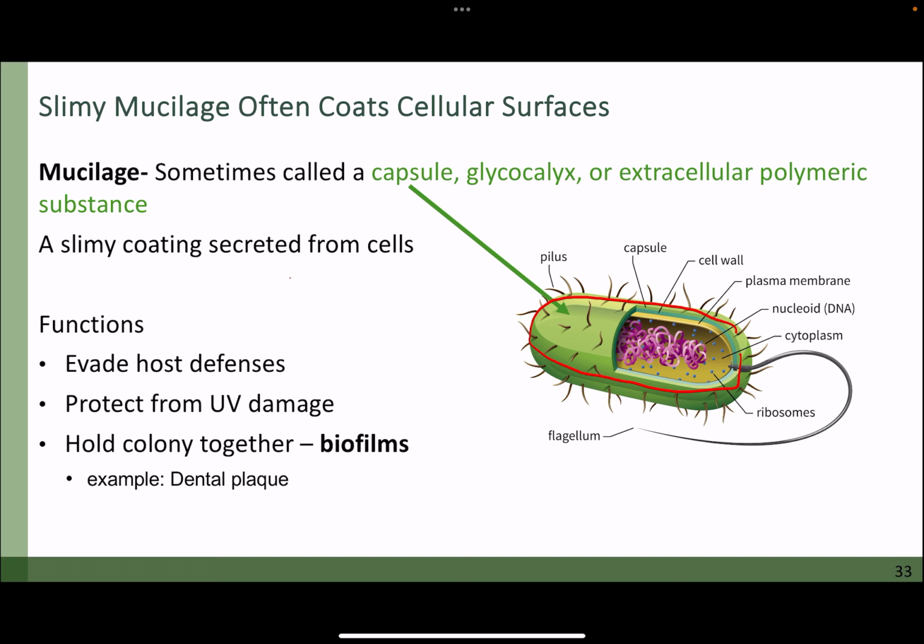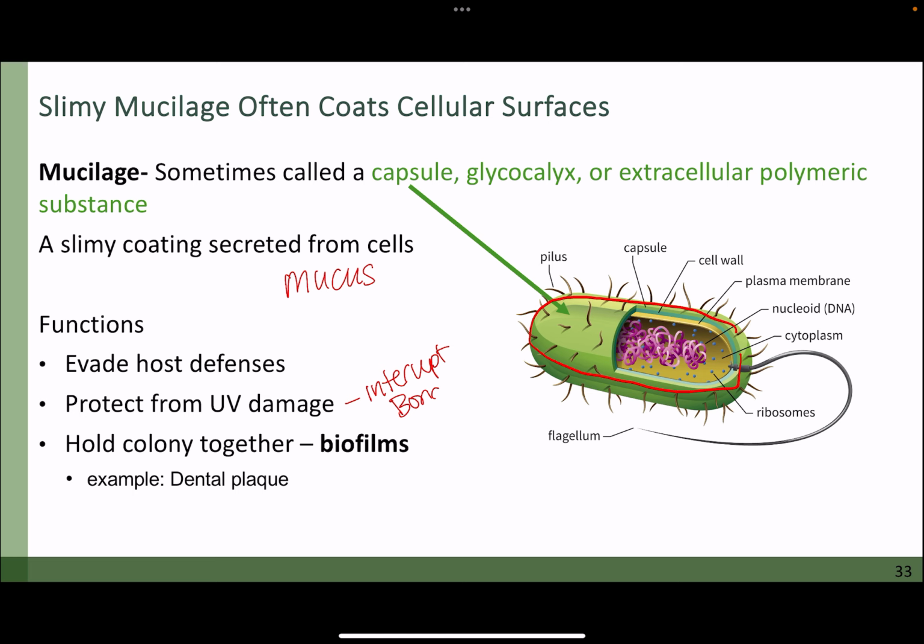invasion by viruses, conjugation. It's also going to protect against UV damage. Just like UV rays can damage our cells, they can damage pretty much any living organism, because UV is going to interrupt the bonds between DNA nucleotides, so the bonds within DNA.